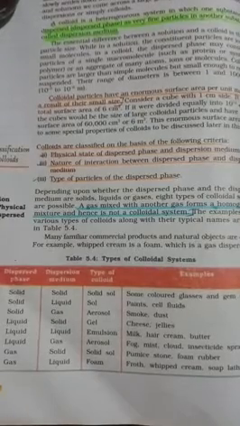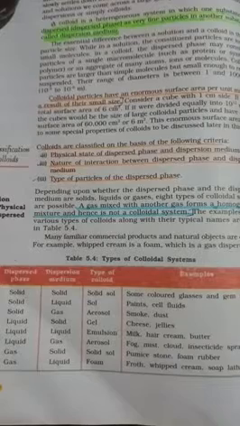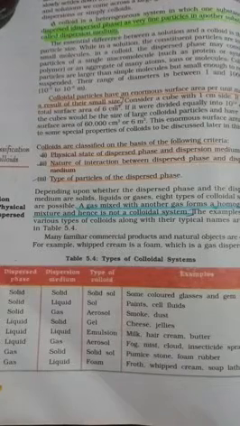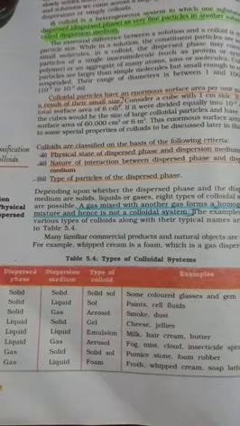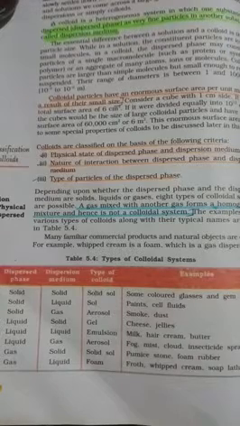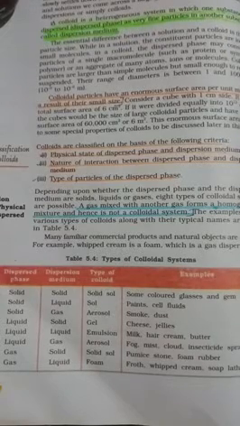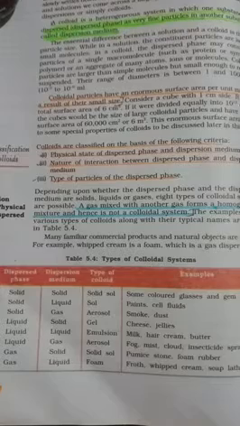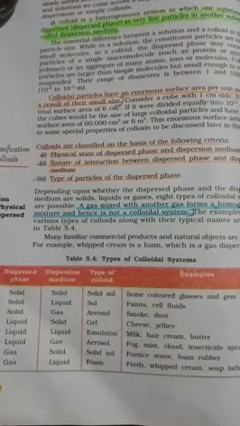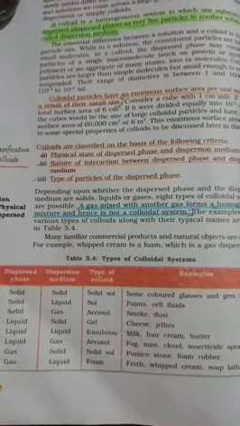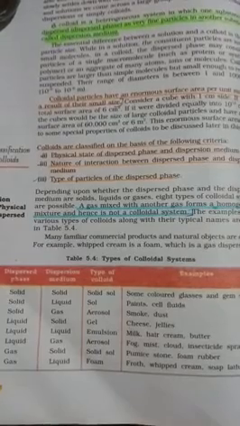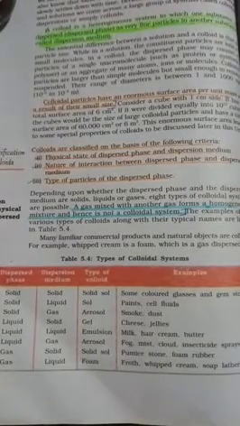Milk, hair cream and butter are also examples of emulsion. If the phase is liquid and the medium is gas, then the type of colloid is also called an aerosol. Examples are fog, mist, cloud and insecticide sprays.